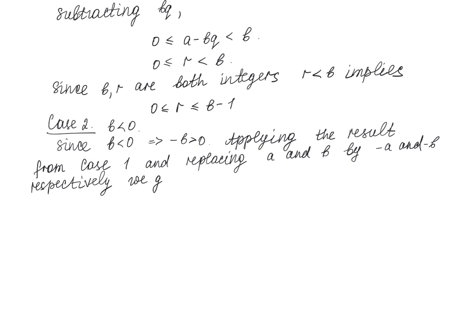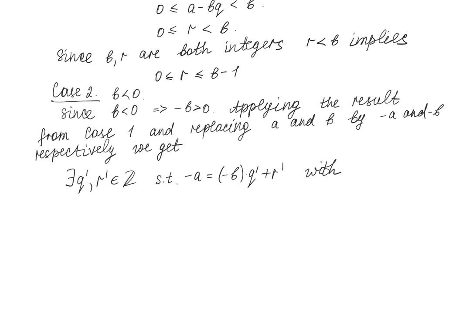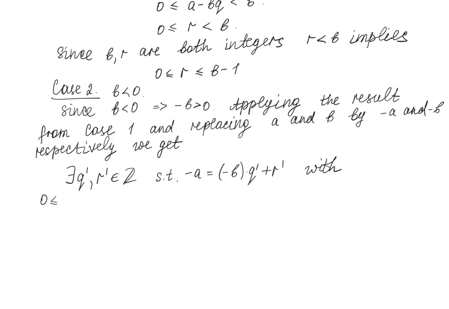We get that there exist q prime and r prime in Z such that minus a equals minus b multiplied by q prime plus r prime, with 0 less than or equal to r prime less than minus b, which in this case, since minus b is positive, equals the absolute value of minus b, and absolute value of b as well.